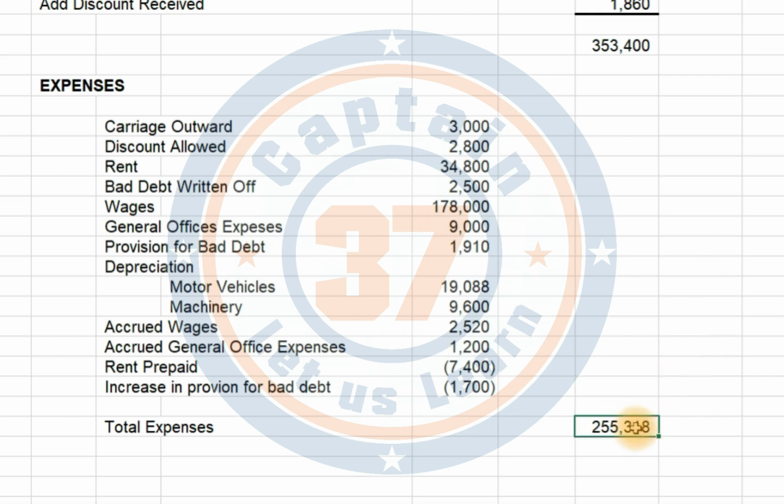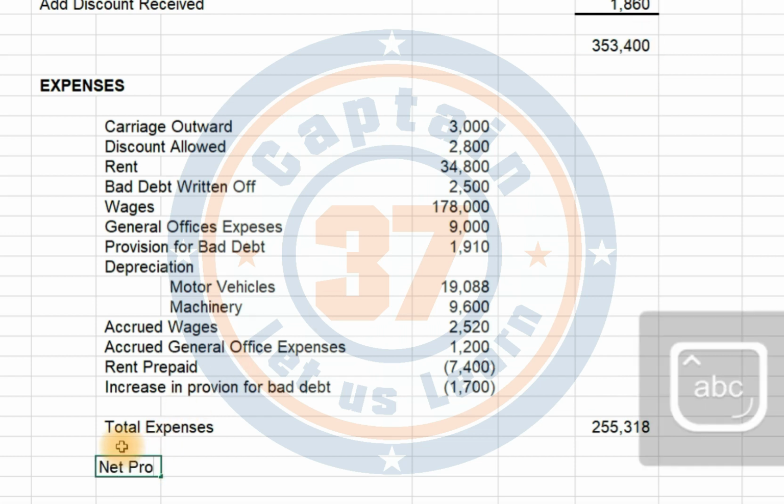This is the total expenses, meaning all these expenses incurred put together. We now subtract this amount from the gross profit to find our net profit.